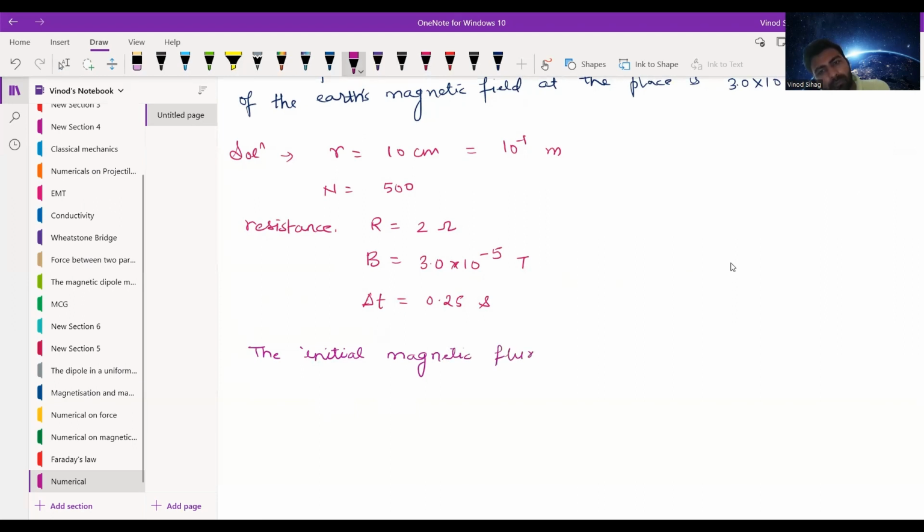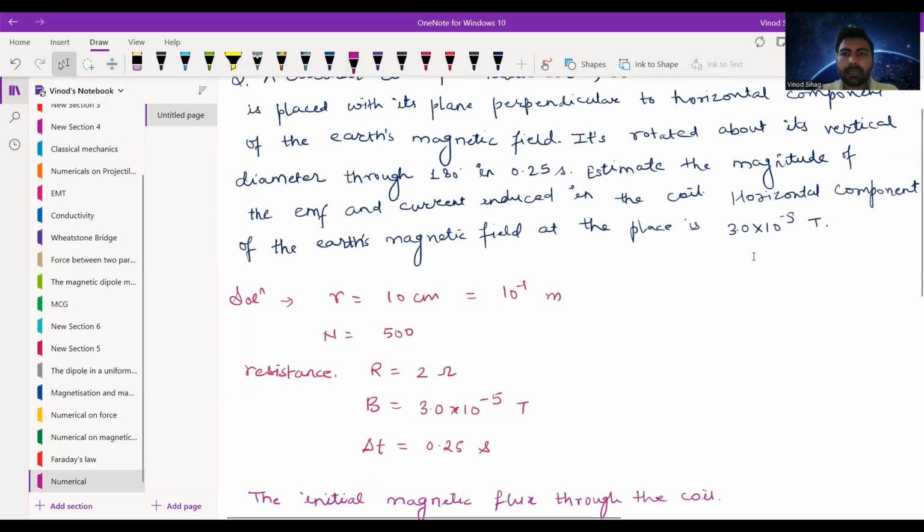Phi B initial equals B vector dot A vector, or BA cos theta. And now the task is to find out the value of theta.